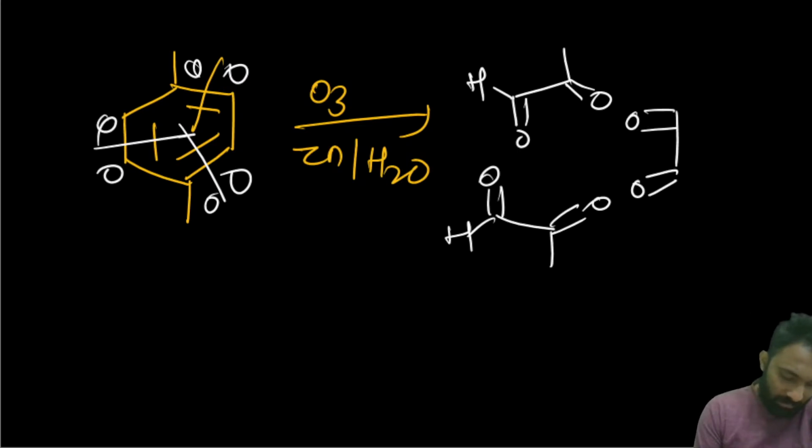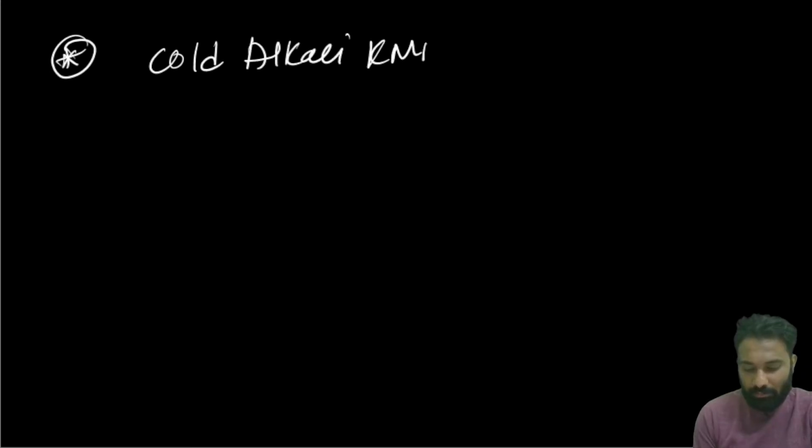decarboxylation or carboxylation reaction. Not decarboxylation. Now there we are going to see the hydroxylation reaction. In that, first one we are going to see cold alkaline KMnO4 with the cold alkaline KMnO4 plus H2O.